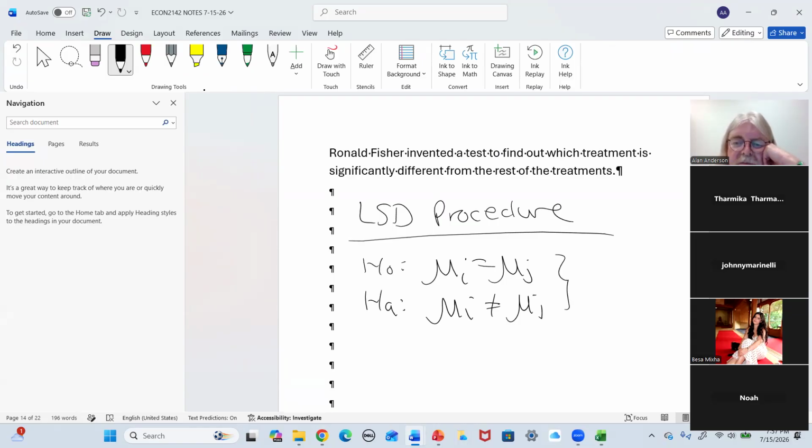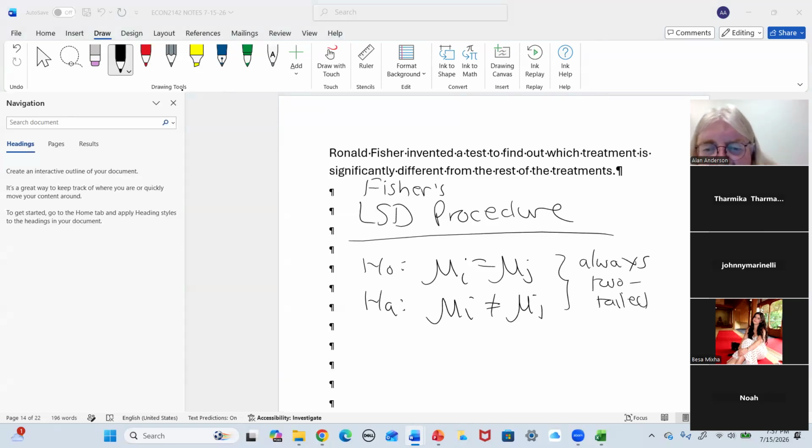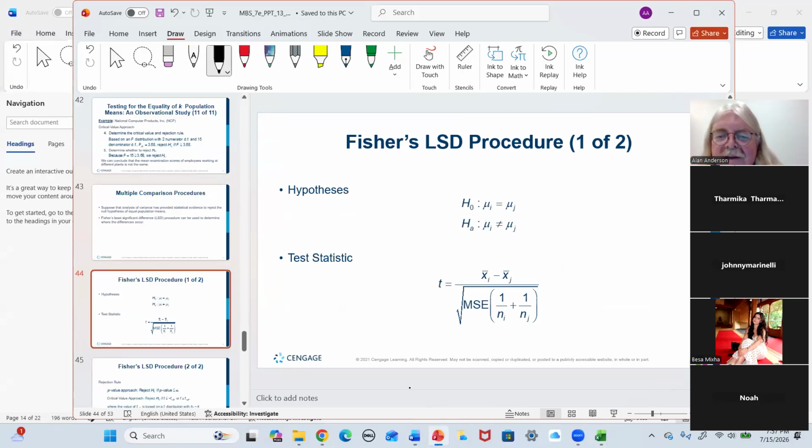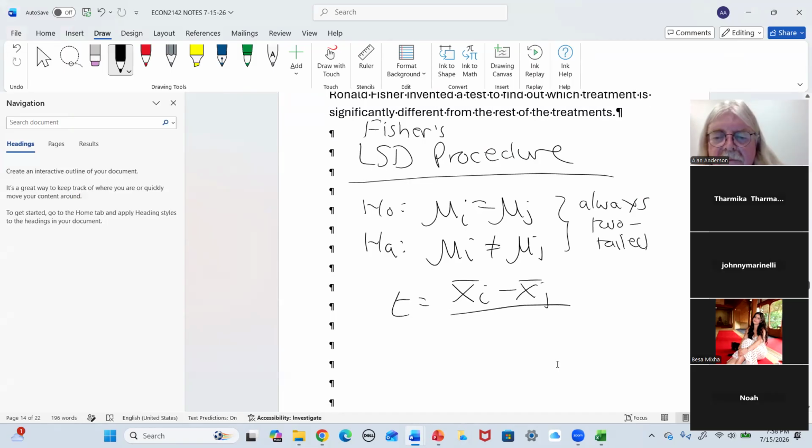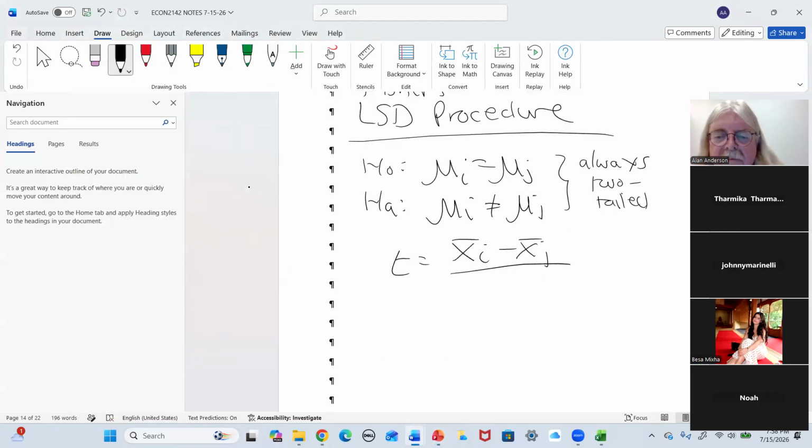You just want to know, are the means equal or not? Then, now look at this test statistic. Oh, we need that MSE in there.